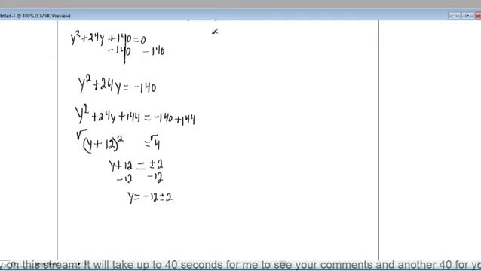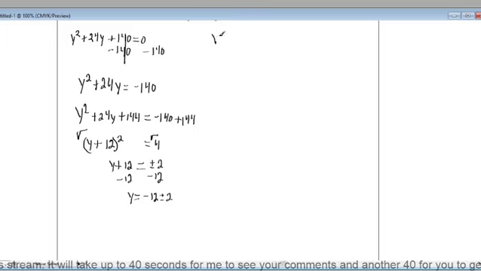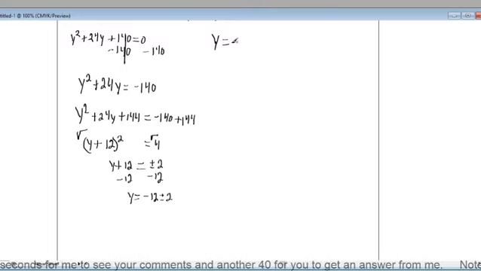So that means that y, if we do negative 12 plus 2, that's going to be negative 10. So y could be equal to negative 10. And then if we do negative 12 minus 2, that's going to be negative 14. So y could also be negative 14. And there's our two answers.